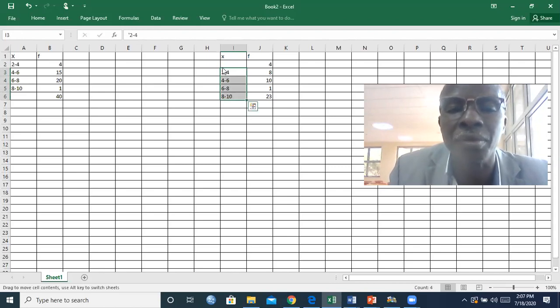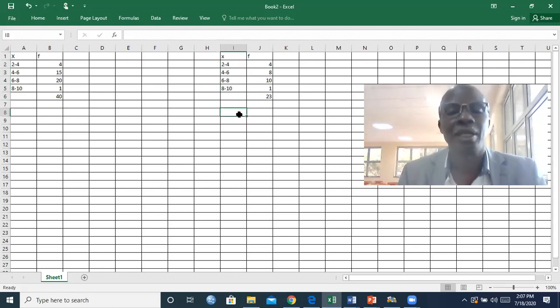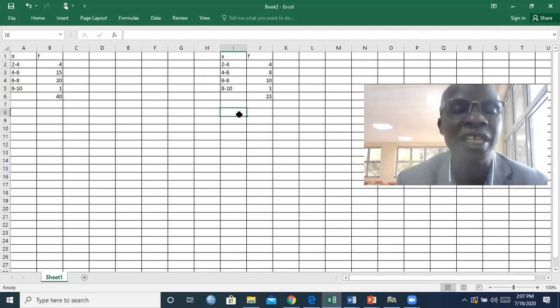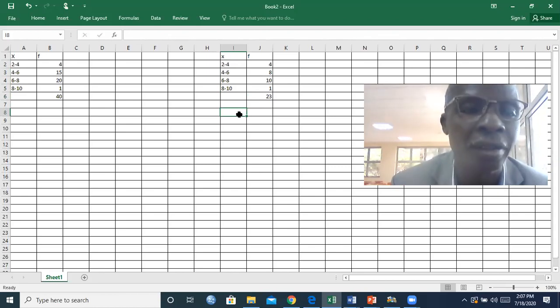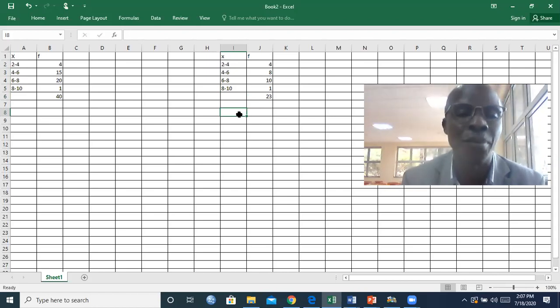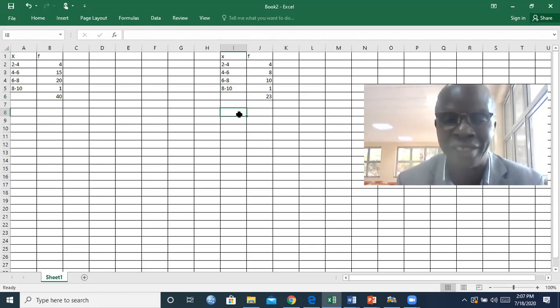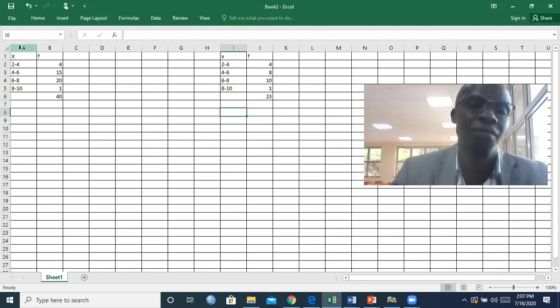So the objective here is to determine the confidence interval of the population mean based on these two samples. One sample is a large sample, therefore it's assumed normal. The other sample is a small sample, therefore it's assumed to be governed by a student T distribution.